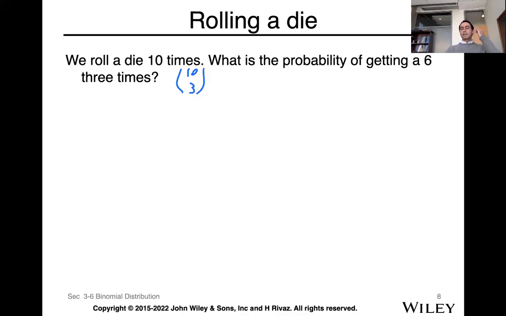Sometimes I refer to these combinations of 3 out of 10 as 10 choose 3, which is the same thing, right? We have 10, we want to choose 3. It's the same thing as combinations of 3 out of 10 times 1 divided by 6 to the power 3 times 5 divided by 6 to the power 7. Okay.